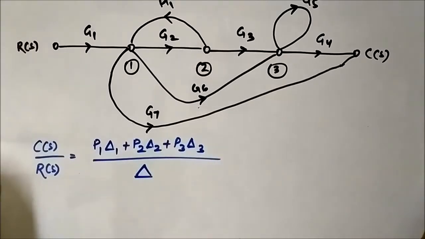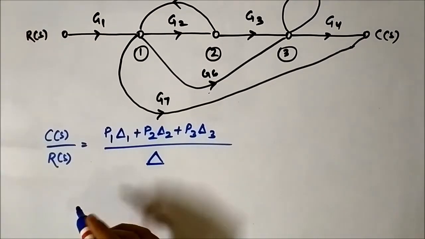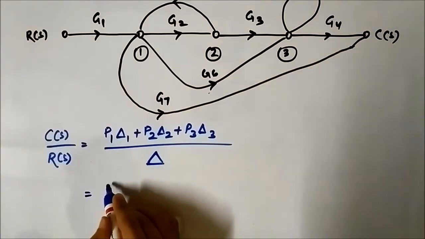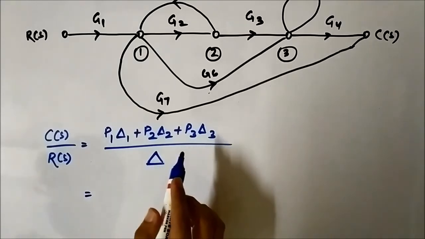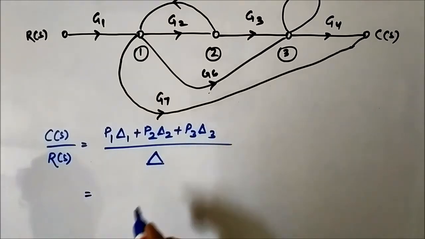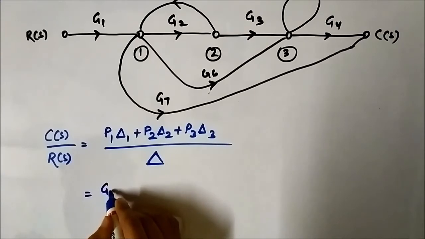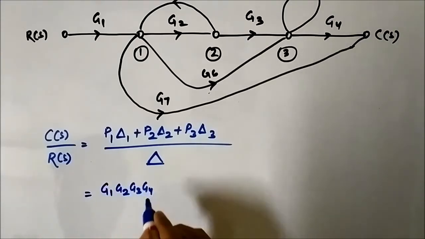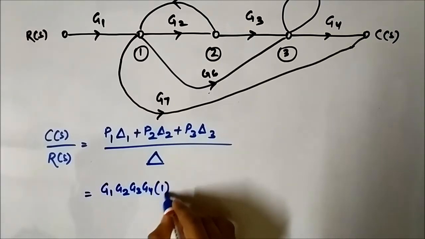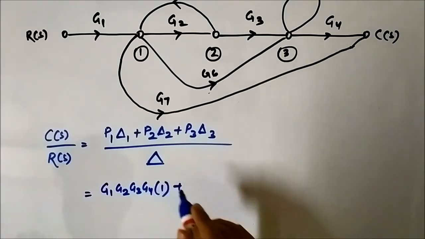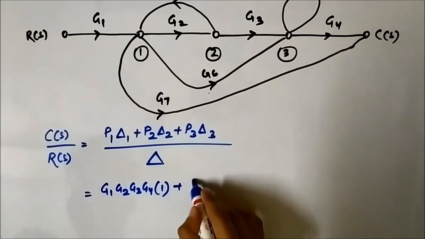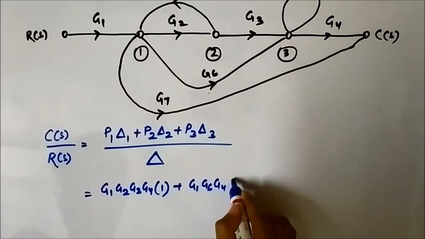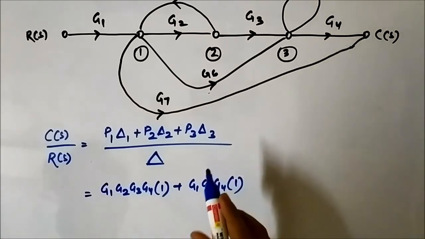Let us just put the respective values together. Delta 1 is 1 and delta 2 is 1, only delta 3 is 1 minus G5. So it is G1 G2 G3 G4 into 1, plus P2 into delta 2, which is G1 G6 G4 into 1, which we calculated.